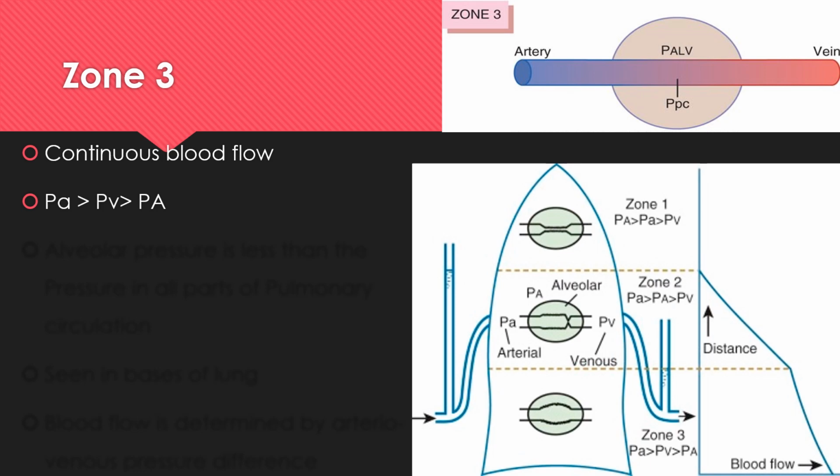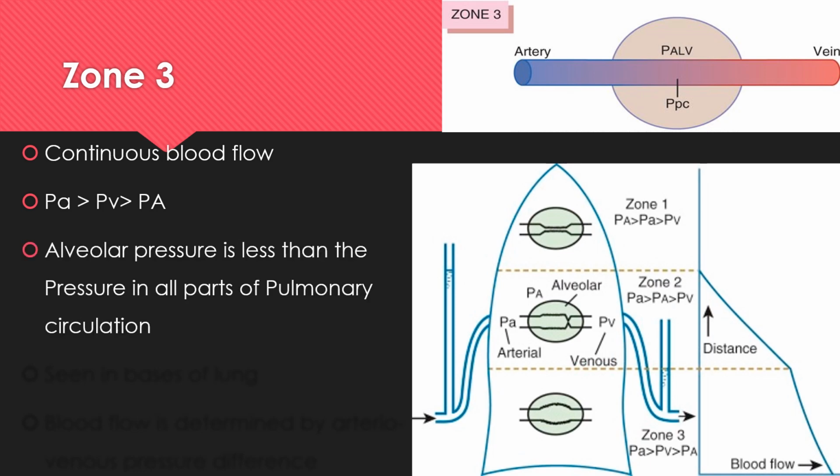Zone 3 occurs when the pulmonary artery pressure exceeds the pulmonary venous pressure, which exceeds the alveolar pressure. This condition occurs near the bottom of the lung, since the pulmonary vascular pressure increases as we go down from the middle of the lung to its bottom. So the blood flow here increases down the lung.